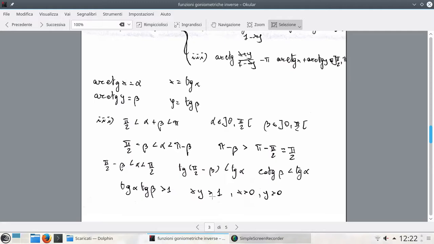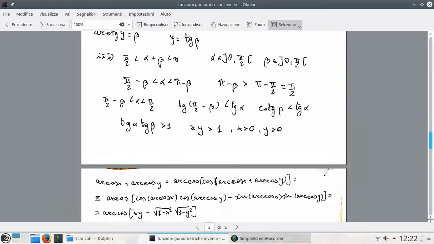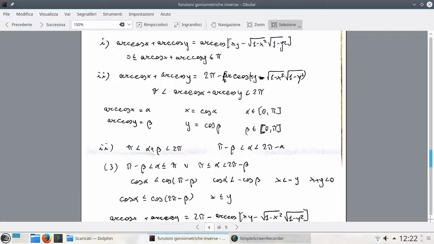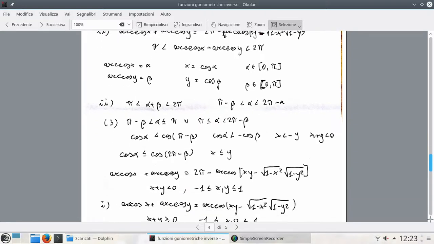So we have x and y both positive, and xy greater than 1. Okay, we have a little problem with the order of the pages.